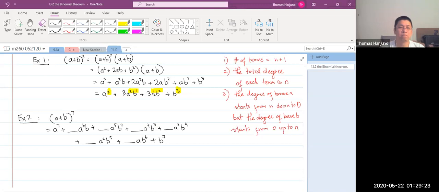At least that's what we have known so far. Now what we will need to do later on is to find the coefficients here.